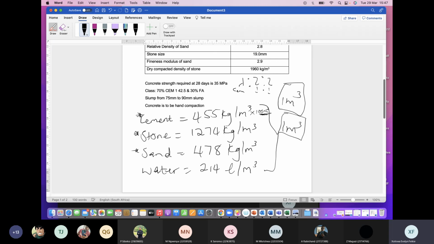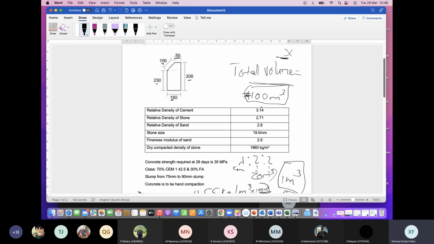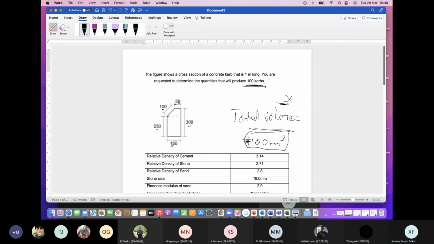If the value that you get as your total volume is 20 cubic meters, meaning this is the volume of concrete that you need to produce, then the cement that you're going to need, you just multiply by this value, because you need 20 of them, but not 1. So that's how you will solve this question if they specified the amount of concrete they want you to produce.